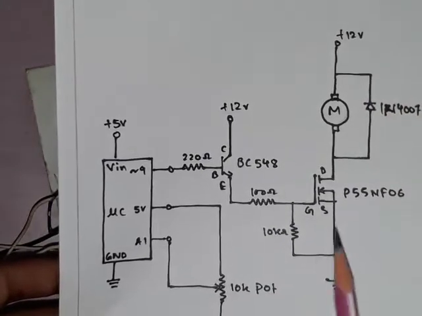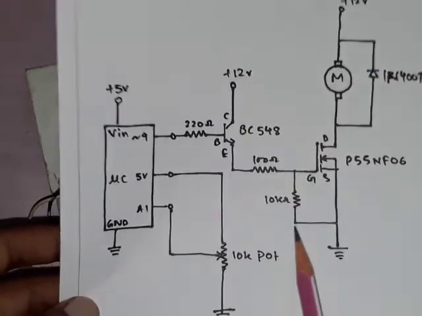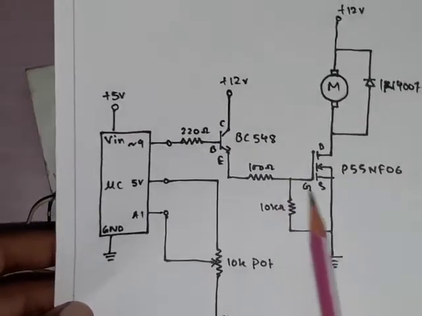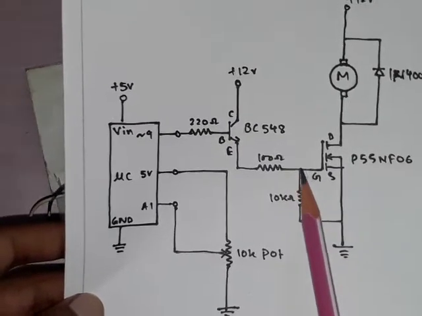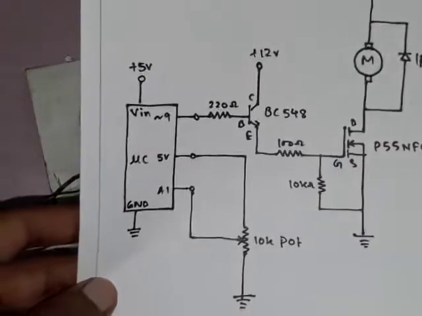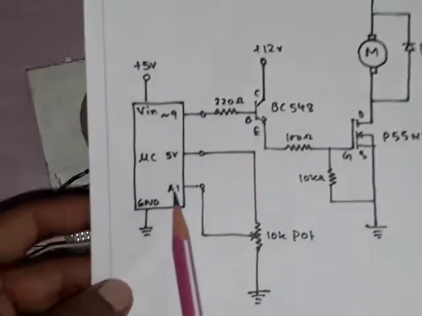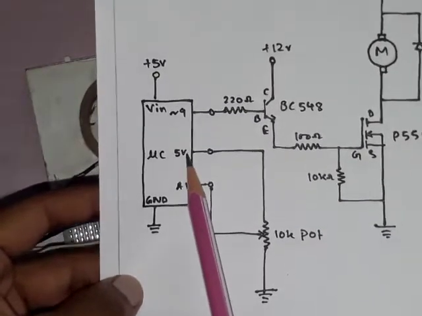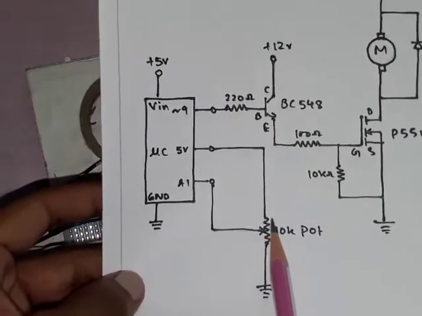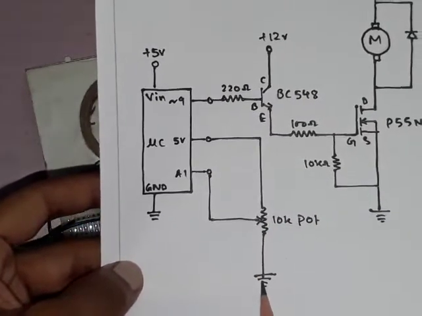This 10 kilo ohm resistor is basically the pull down resistor which is connected to the gate of the N channel power MOSFET. And see here, the 5 volt supply from the microcontroller is provided to one side of the potentiometer, and the other side is connected to the ground.